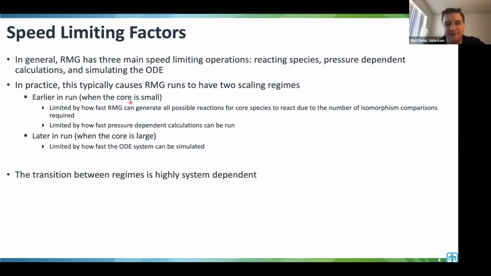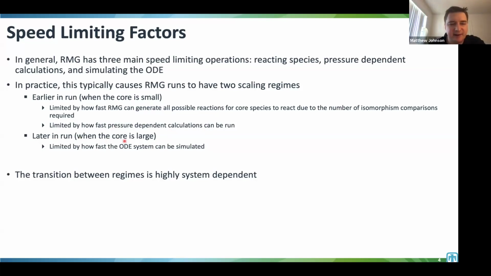Early in the run, when the core is small, RMG tends to be limited by how fast it can generate all possible reactions, due to the number of isomorphisms required, and also by how fast it can run pressure-dependent calculations if you're running with pressure dependence.